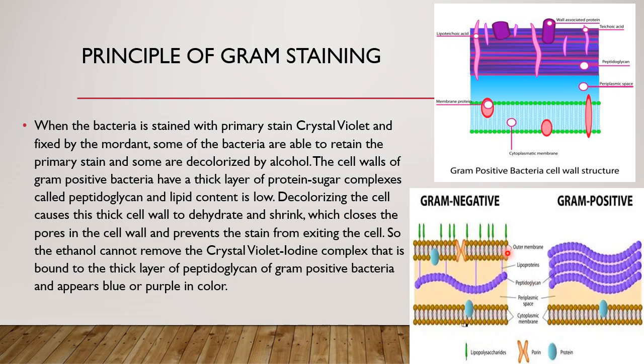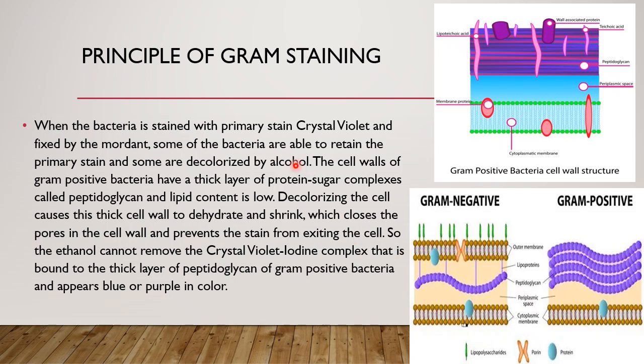Apart from that, an outer membrane is also present, and a lipopolysaccharide layer is also present. So overall, gram positive will have a very thick peptidoglycan layer, and gram negative will have a thin peptidoglycan layer. Again, this is another picture of the gram positive bacterial cell wall, which shows the peptidoglycan layer which is so thick. So this is the difference between gram negative and positive.